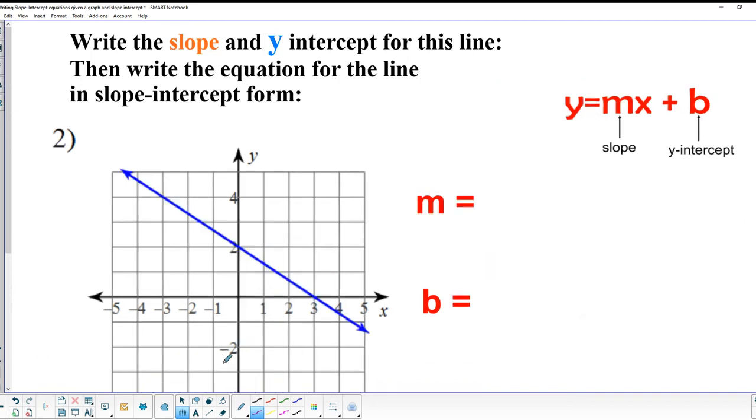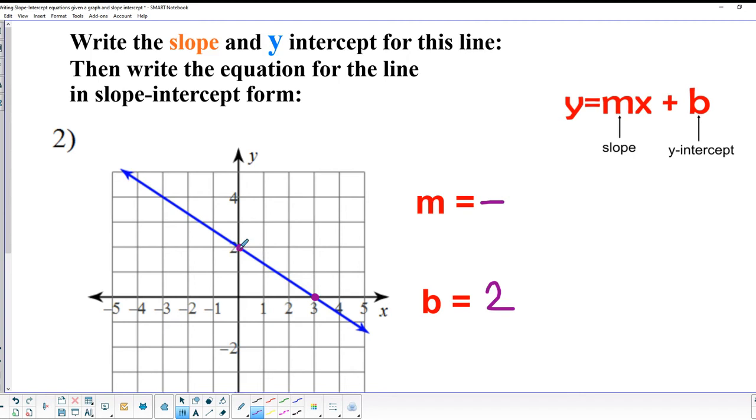All right, how about this one? We've got a slope kind of coming downward, so we're going to have a negative slope. Right away, I'm going to put a negative sign there because I know it's going to be a negative number. As I look at my line really quick, I notice that there's my y-intercept. The y-intercept is positive 2. So all I need to do is find another point along this line that will help me get my slope. And I notice right there is a good crossing point on the x-axis.